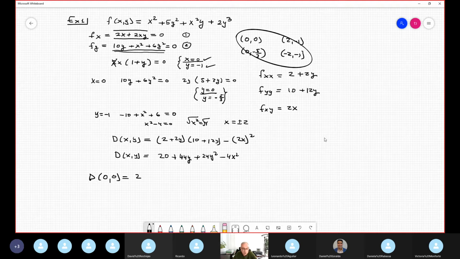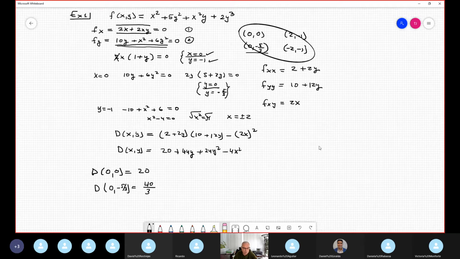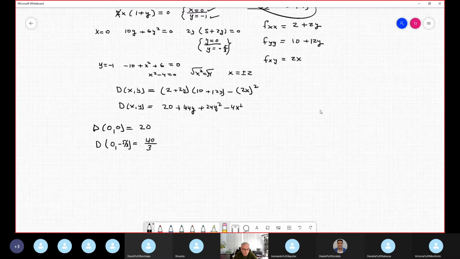Okay, es obvio que es 20. Yo evalué D in (0, -5/3), que es the second critical point here. It is 40/3, positive. You evaluate D at (2, -1).